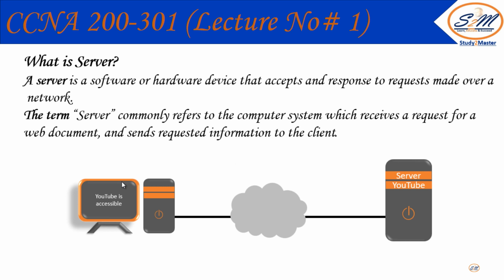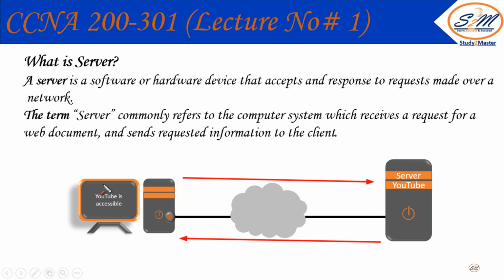Now look at this. This computer, the client, wants to access the server, and the server provides information to the client. They request some information, and the server provides information to the requesting device, called the client. This computer requested a web page, and the server provides information to the client.